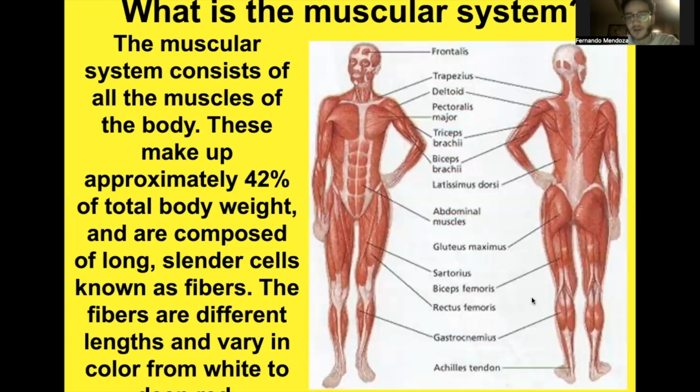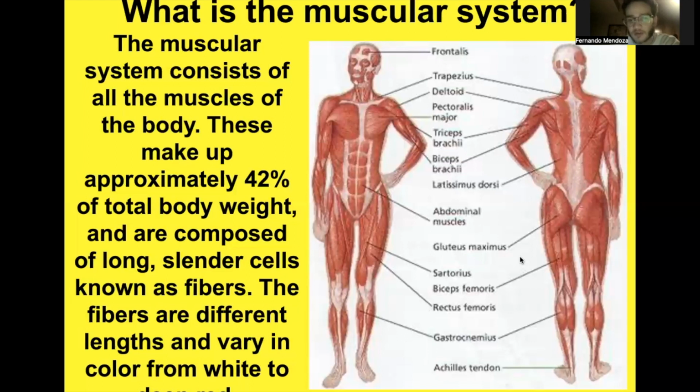Well, these are just some examples of the muscles of the superficial part of the system: the frontalis muscle, the trapezius, the deltoid muscle, the pectoralis major, the triceps brachii, the biceps brachii, the latissimus dorsi, the abdominal muscles of the abdomen that are like 10 muscles, but they are just one, so to say.